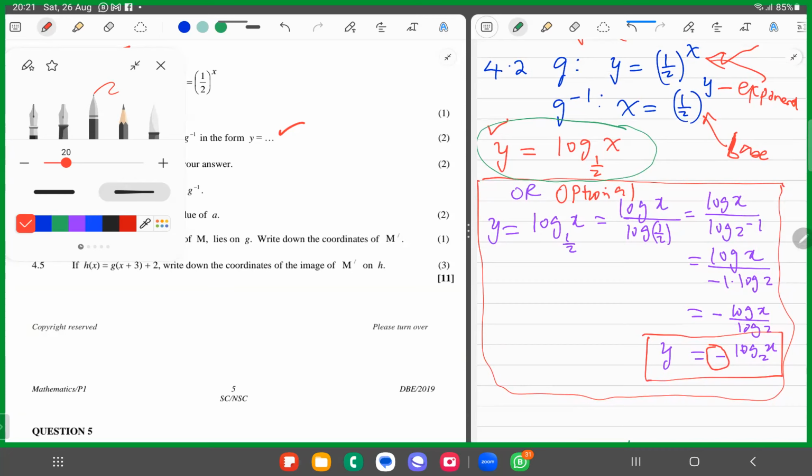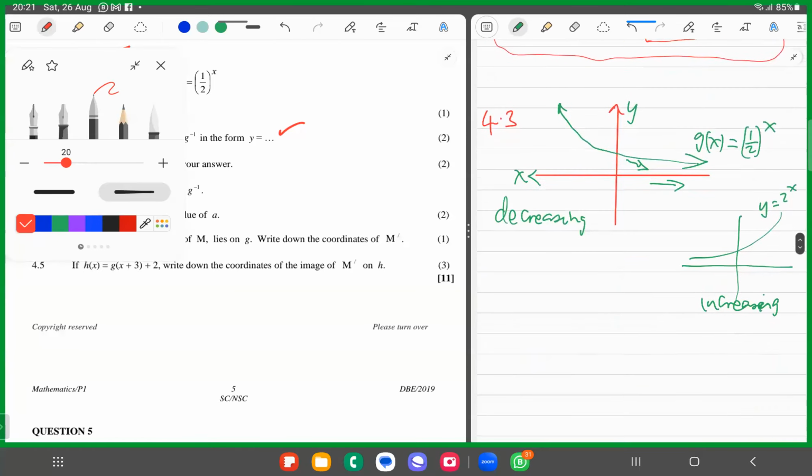Okay, it's easy to draw the graph of the inverse function, because if you can draw the graph of the original function, what you do is you draw what we call the mirror image. Try to pay attention, this is a little bit tricky to some students.